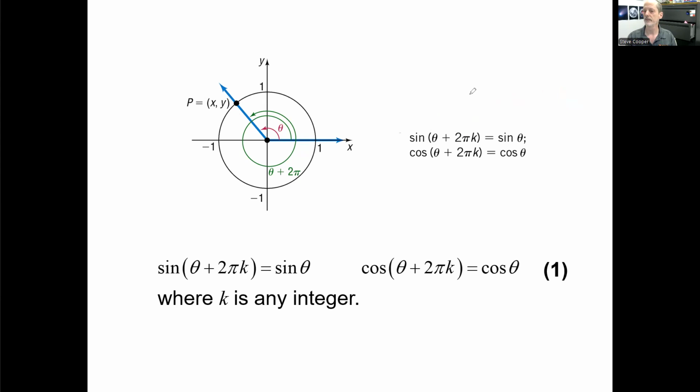So as long as k is an integer, we're going to be able to get right back to this point. And so that's going to help us with finding exact values of the sine and the cosine for any angle that can be restructured to be some angle theta plus some multiple 2 pi times some integer k. All right, let's put that to use here.